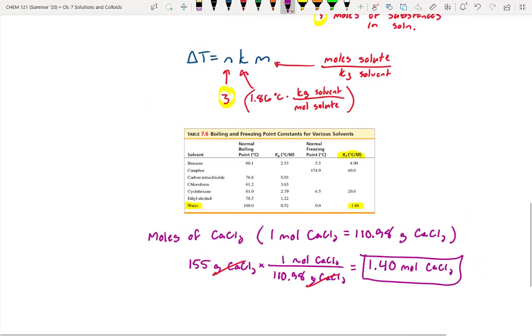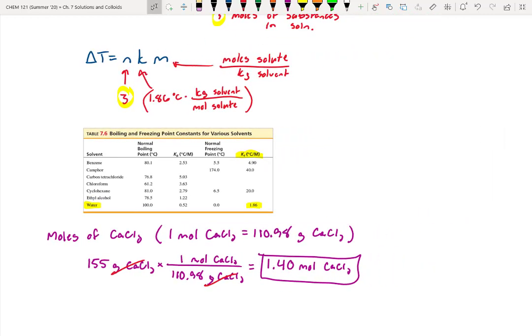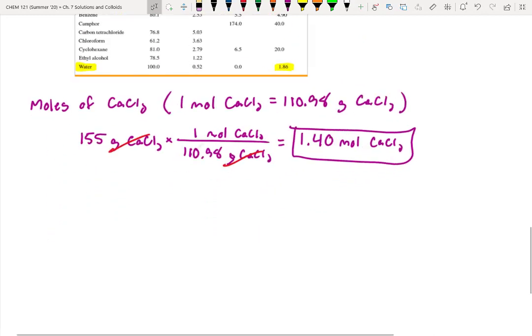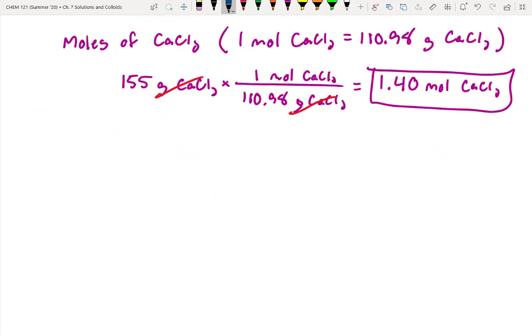All right, so we're almost there. Now we need to just plug in all of these numbers. We know that we've got everything we need. Up here, we'll just copy this back down. We'll say delta T is equal to n times K times m. And we said that n was going to be equal to 3. That's the number of ions we made.